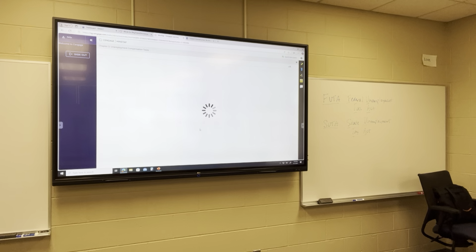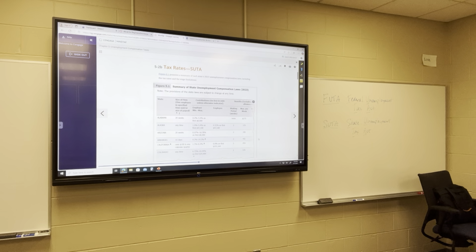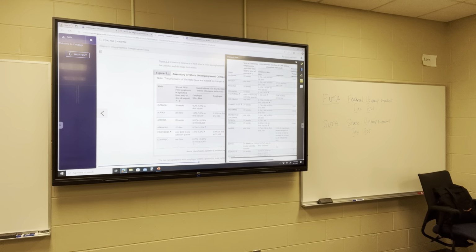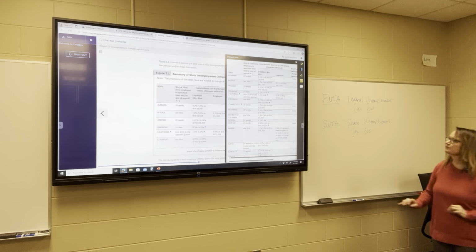Okay, so it came right up. There is a table. If you have a paper copy of the textbook, it's easier to see this, but if not, this is the best we can do. So let's take a look at Iowa. What this table does, well, actually, let's look at the top here first.